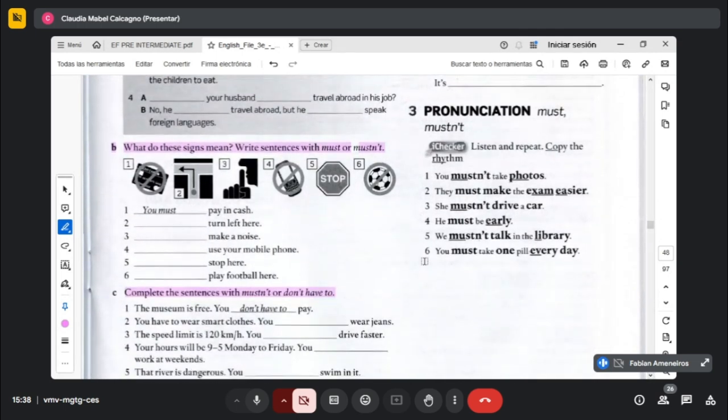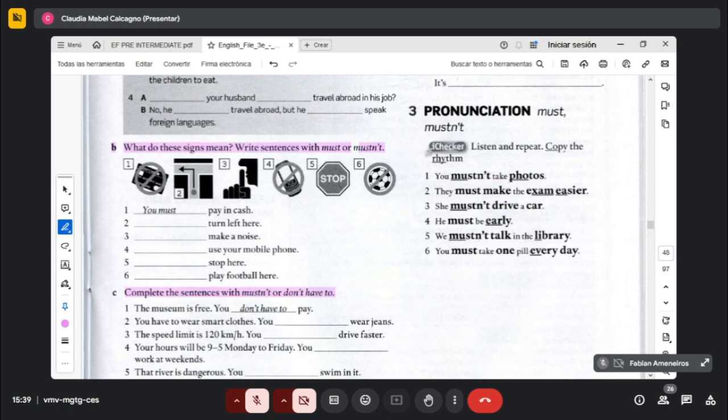Okay. B. The signs. Who would like to read the signs? Noelia? Okay. Let's hear you. 1. You must pay in cash. 2. Must turn left here. 3. Mustn't make a noise. 4.